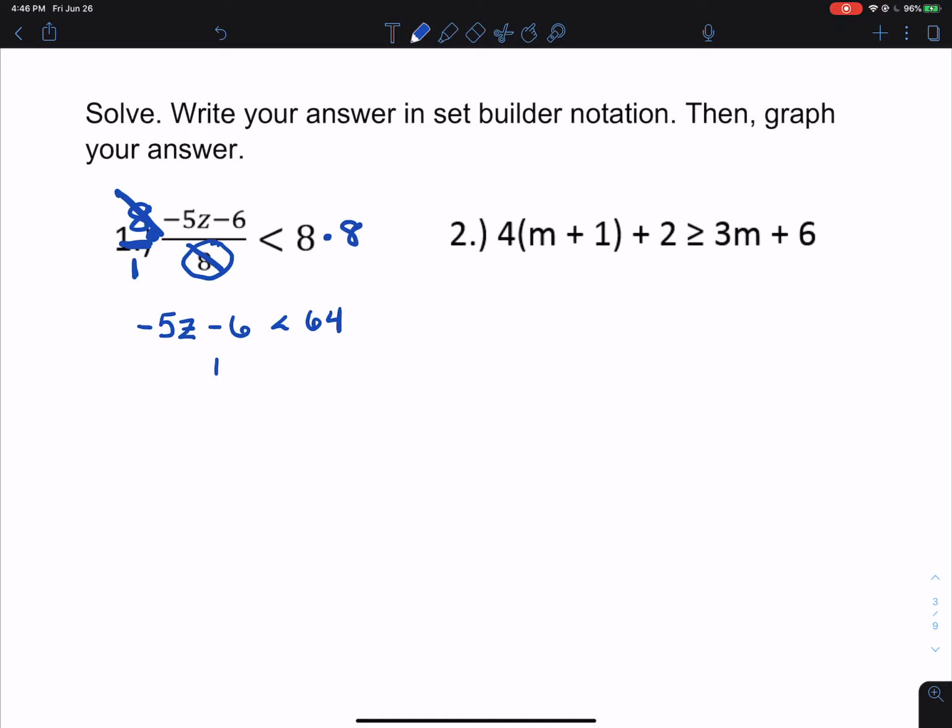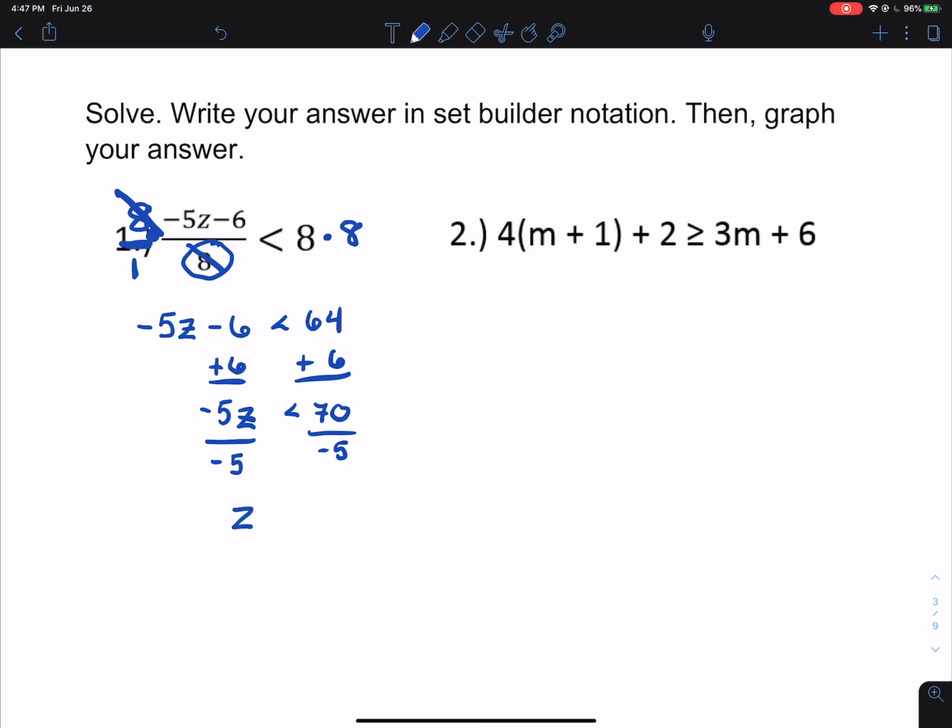So I'm going to undo that minus 6 by adding 6 to both sides. That gives me negative 5z is less than 70. Now I need to undo that multiplication with the negative 5 times z, so I'm going to divide both sides by negative 5.